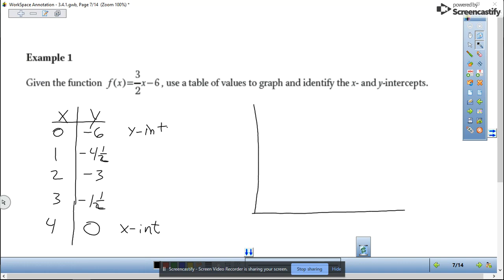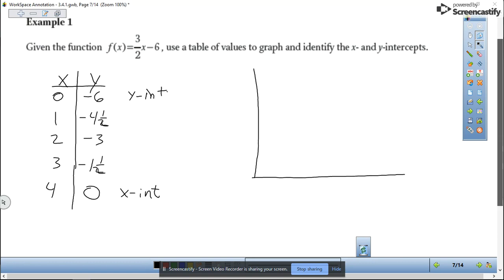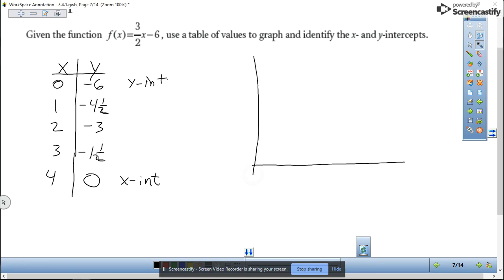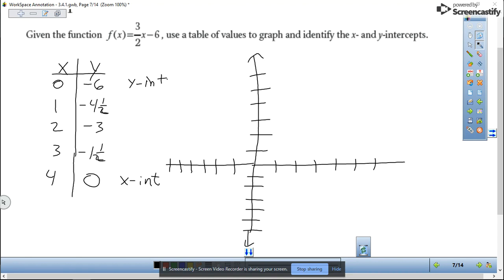First off, I need a little bit bigger graph. All right, so I need points here. 1, 2, 3, 4, 5, 6. 1, 2, 3, 4, 5, 6. Now, plot the y-intercept, (0, -6).